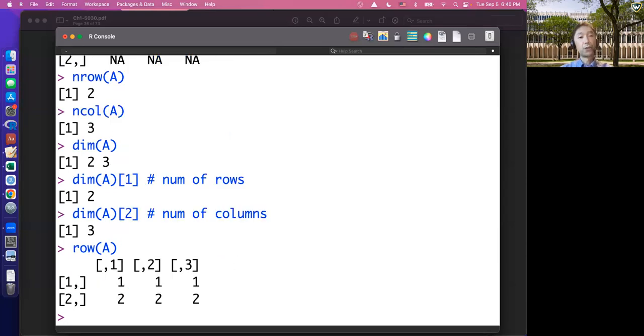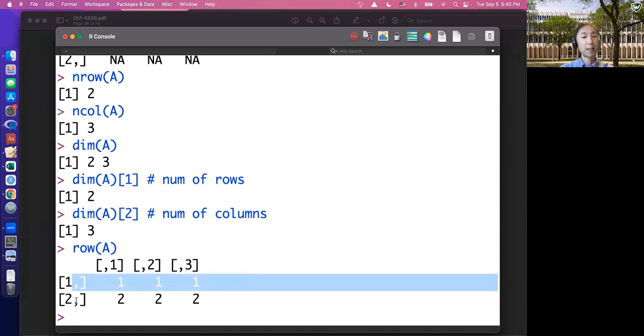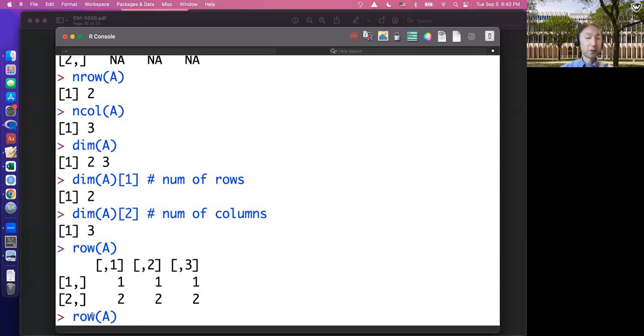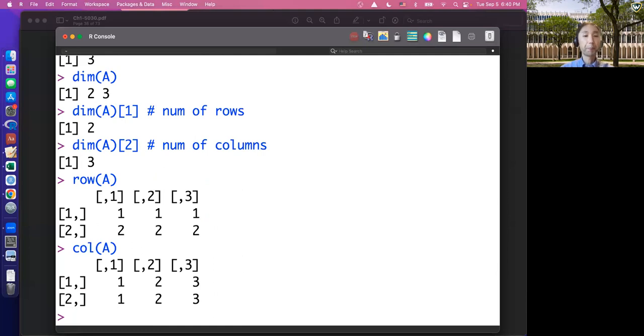And another function, row of A, returns this matrix. So just the first row is filled with ones and the second row is filled with twos. I don't use this function often. Maybe some people like to use it. I think probably these functions are also used in for loops.